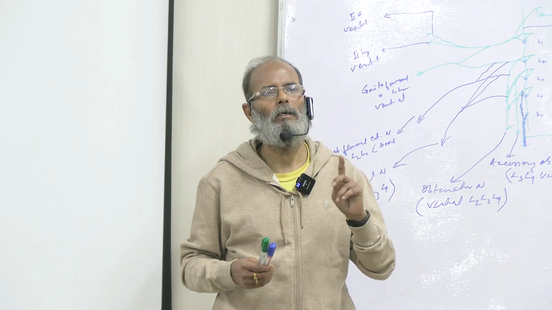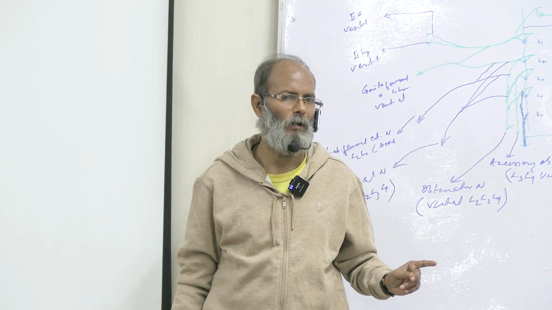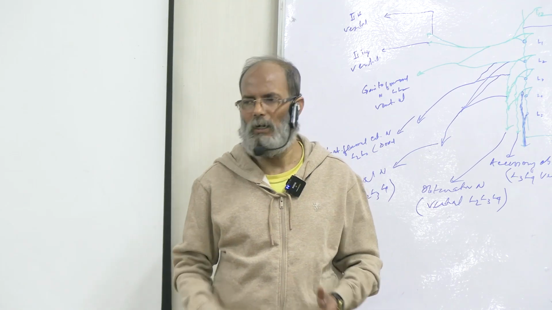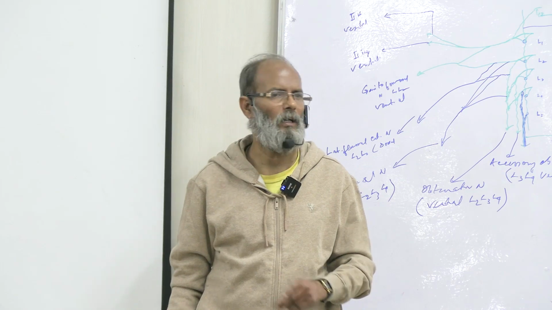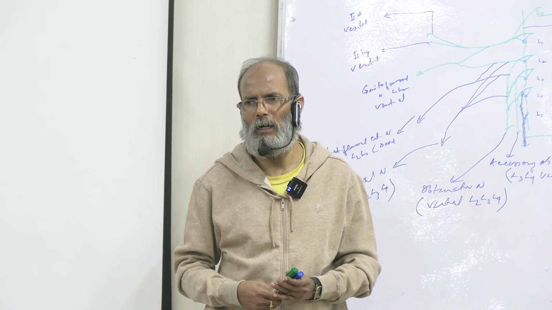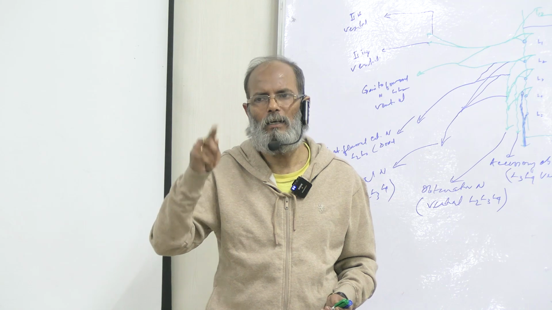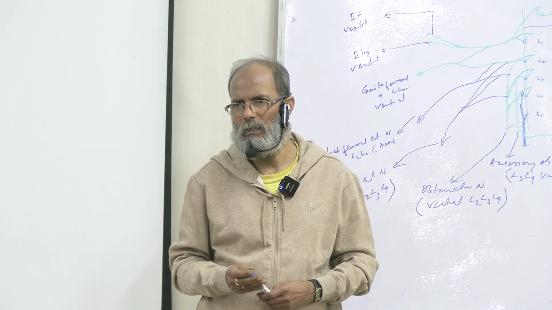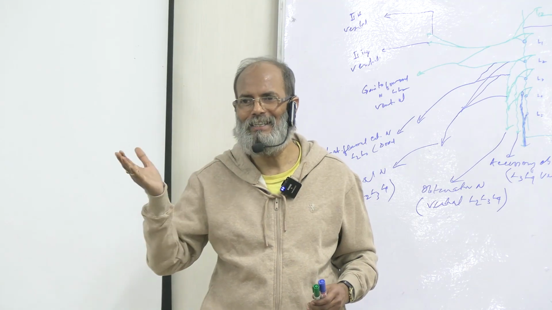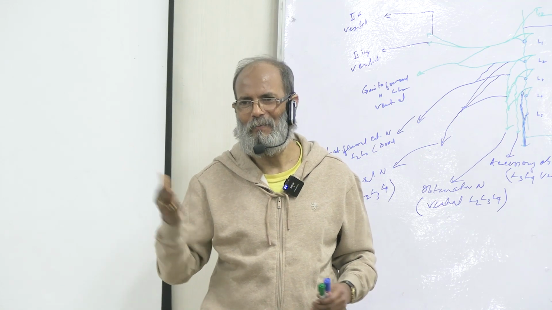The mnemonic is OILS, O for obturator nerve, I for internal iliac vessels. L for, what is standing for L? Somebody please tell me what is standing for L. S is sympathetic trunk. What is L?